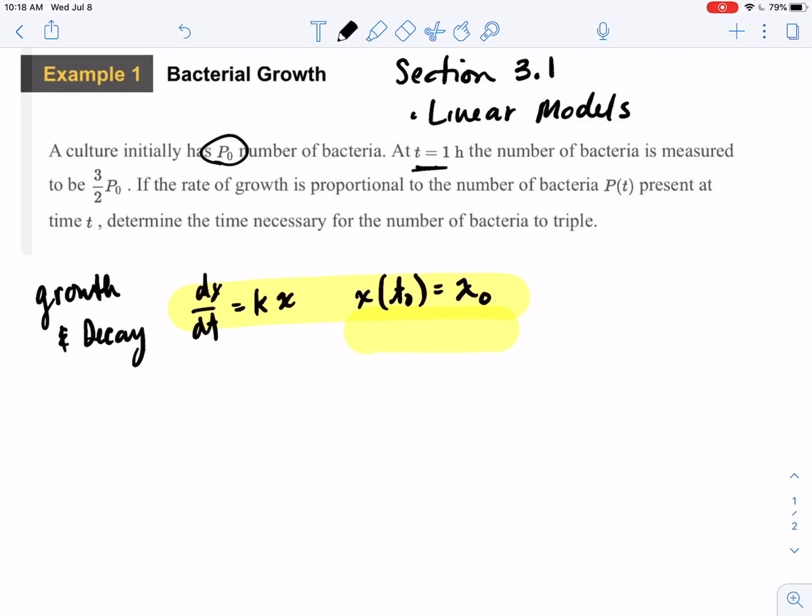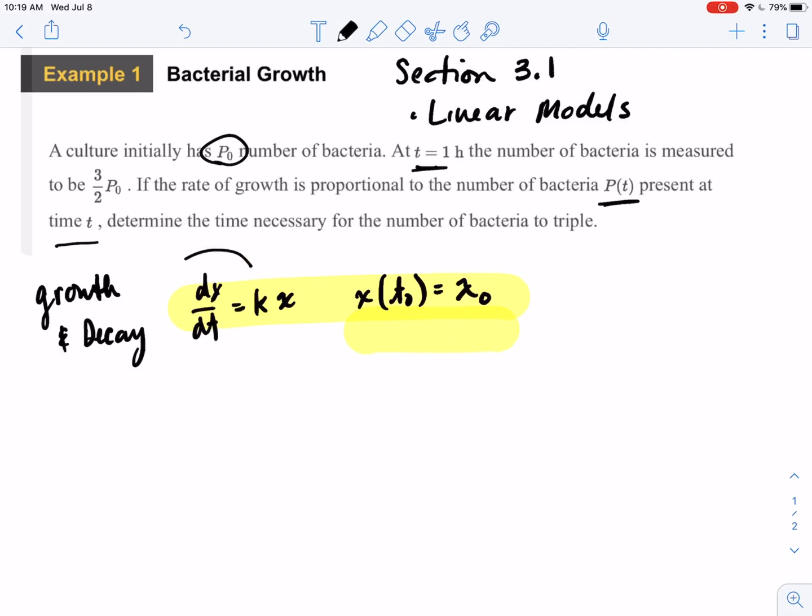This P sub 0 is the population of the bacteria at time equals 0. So when you first start looking at this problem. And then they say the rate of the growth is proportional to the number of bacteria P of t at a present time t. Determine the time necessary for the number of bacteria to triple.